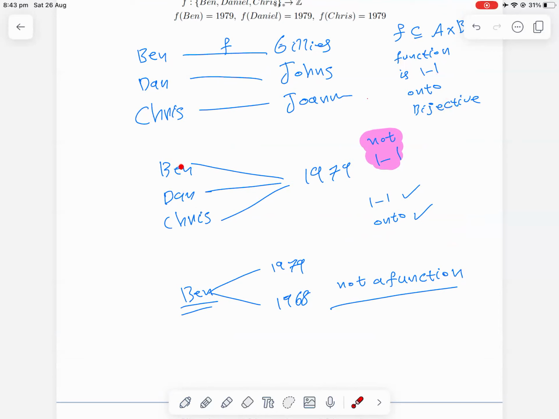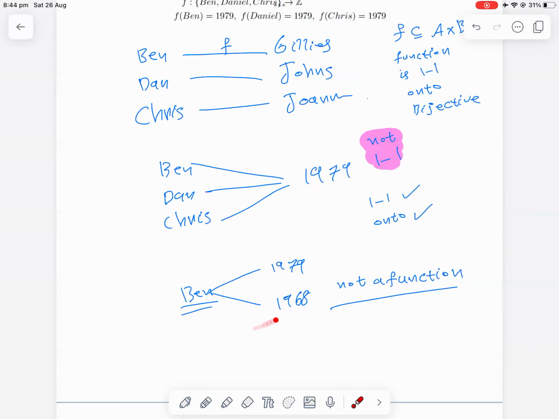If you have several inputs going to only one output, as long as there are no two edges from one input to different outputs, then it will be a function. Onto, because it covers all of the destination set, but it's not one-to-one because it receives several inputs and gives only one output.